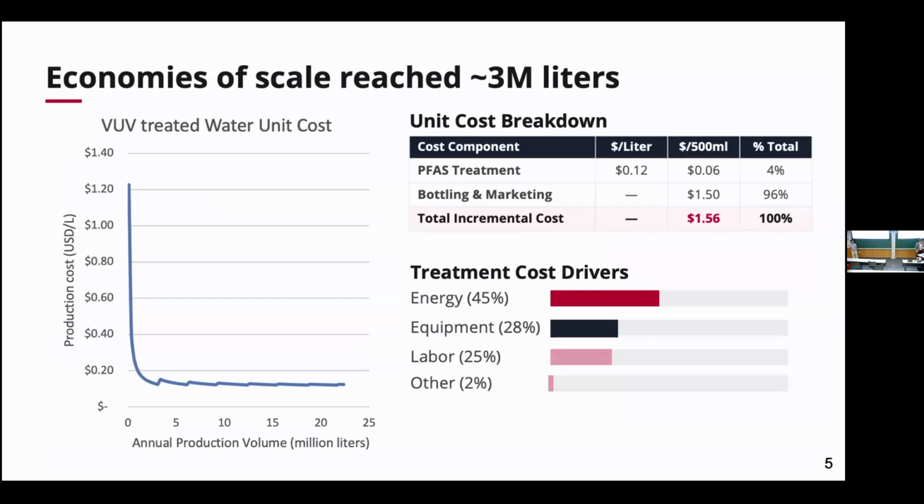Anything beyond 3 million liters per year, and our costs remain about 12 cents per liter. One note here is that we designed the system to match what most bottling plants are. So most water bottling plants run about 3 to 20 million liters per year. Premium brands tend to be less than that because their distribution is different from a standard plastic bottle of water.